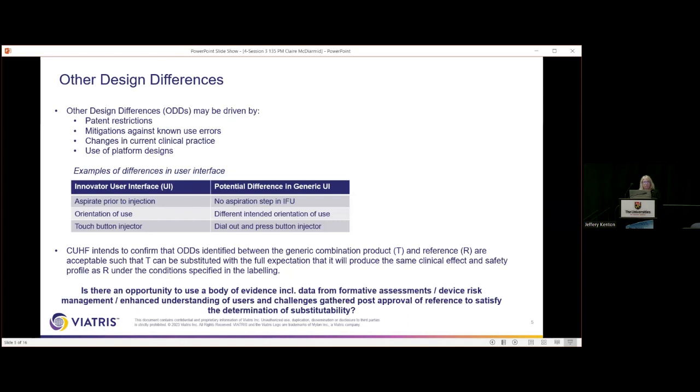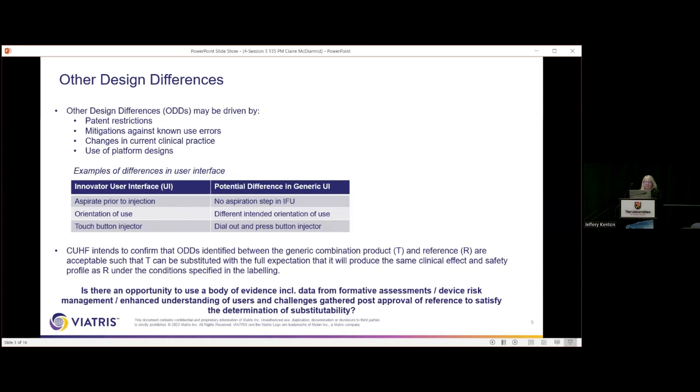So where do we put the balance for the generic IFU? Do we align with current clinical practice, or do we align with an older instructions for use? Another part of our balancing act. I've spoken of orientation for use and the touch button injector that you saw on the previous slide.